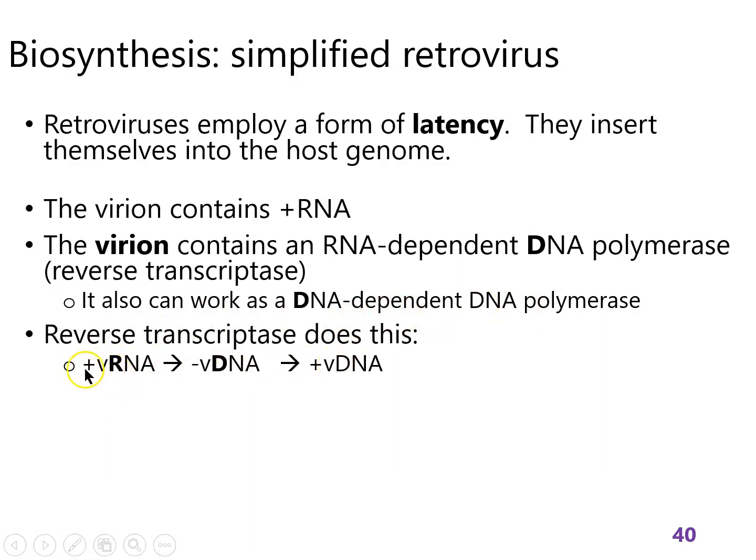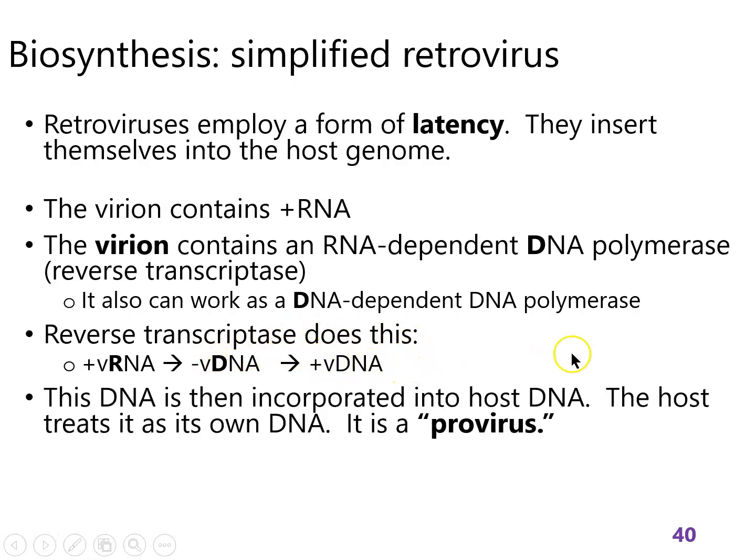It goes from a positive sense single-stranded RNA to a negative sense single-stranded DNA. And then it makes a positive sense single-stranded DNA. And that allows the DNA to be double-stranded. These would base pair with each other. And then from there, it can make viral proteins that stick it in our own DNA.